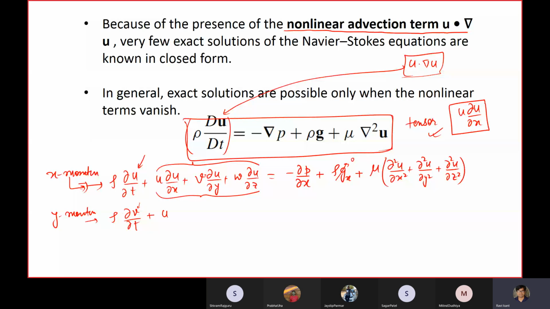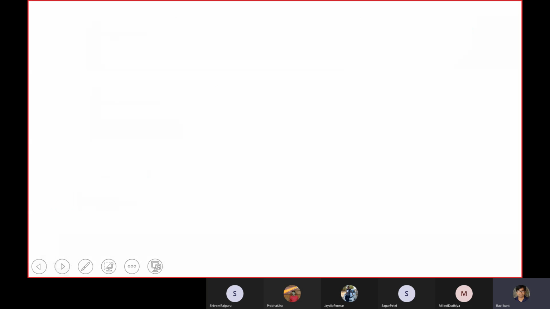Okay. So the thumb rule for identifying non-linearity in a differential equation or partial differential equation is this: you have dependent variables and independent variables.